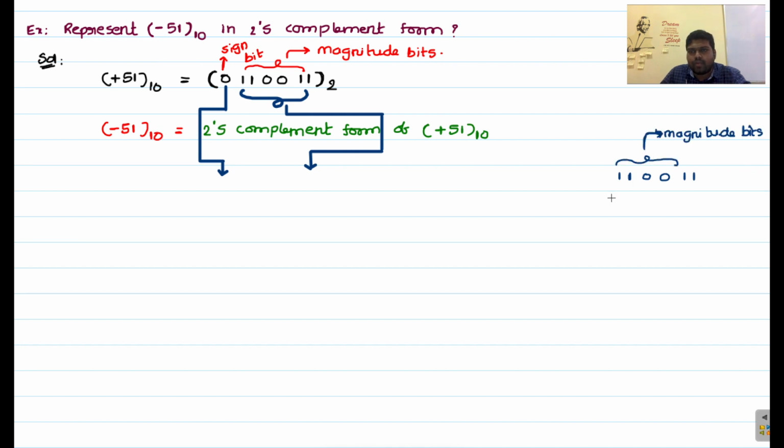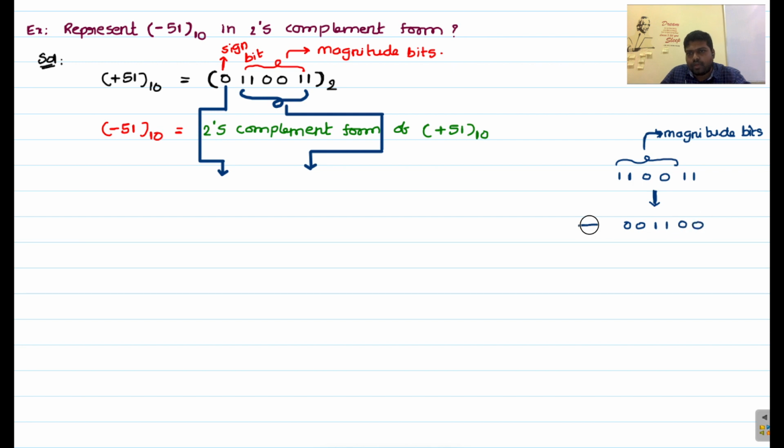In order to find the two's complement, first calculate the one's complement form. After that, add plus 1 to that one's complement number, then you will get the two's complement form. So this is your positive plus 51 magnitude representation. Now invert all the above binary bits, then you will get 001100.